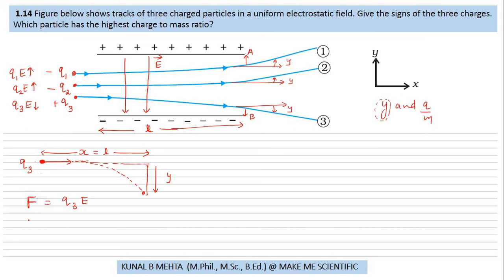So as per Newton's second law, the resultant force can be written as mass of the particle multiplied by acceleration of the particle, that is equal to Q3 into E. Now we know that this force is along negative y-axis. So this acceleration would also be along negative y-axis guys. So from here we can say that the magnitude of this acceleration is Q3E upon m3.